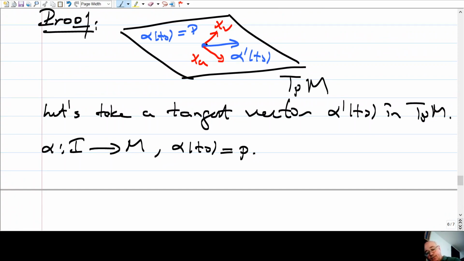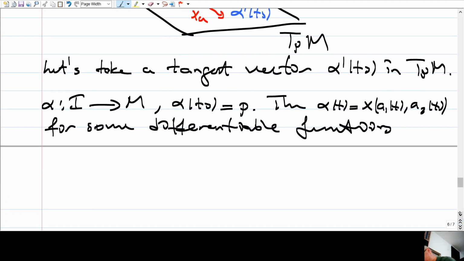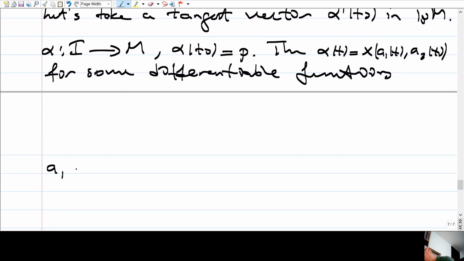Then we know that alpha of t can be written as x of (a1(t), a2(t)) for some differentiable functions a1 and a2.